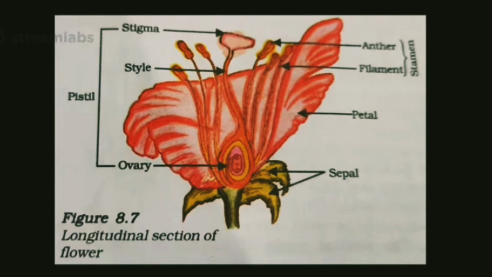The transfer of pollen from the stamen to the stigma of the same flower is self-pollination. If the transfer of pollen is from the stamen to the stigma of different flowers of different plants, then it is referred to as cross-pollination.